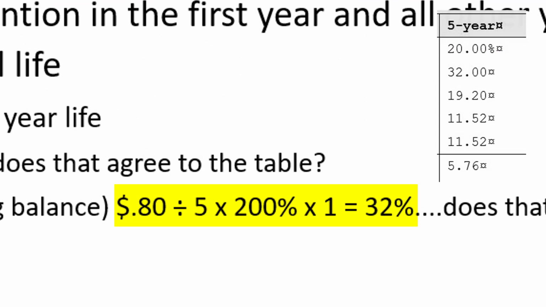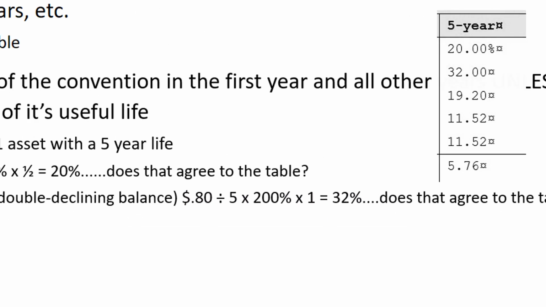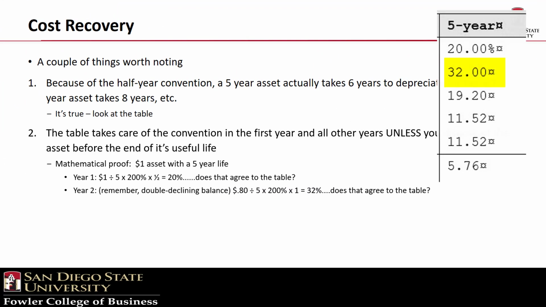So remember, year 2, now we're actually using the double declining method. So I'm down to 80 cents divided by 5 times 2, multiplied by a whole year, because there's no convention in the second year, we get all of it. That would be 32%. Does that agree to the table? Well, yes, it certainly does. In year 3, it's 48 cents we're down to, divided by 5 times 2, 19.2. Yeah, it agrees to the table, trust me.